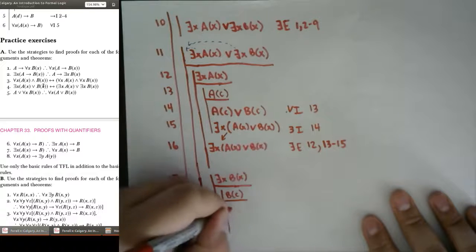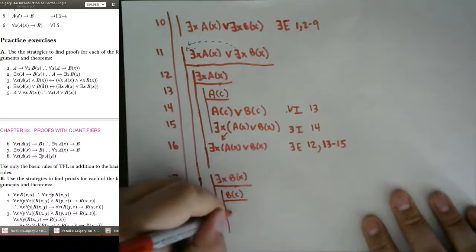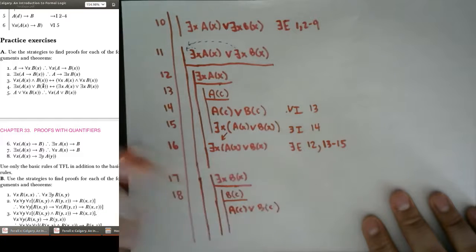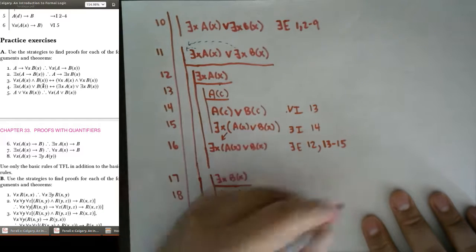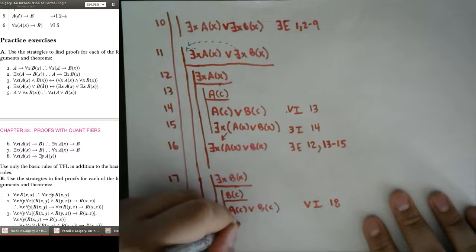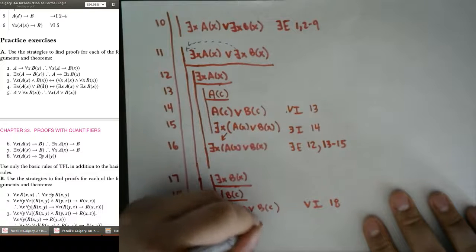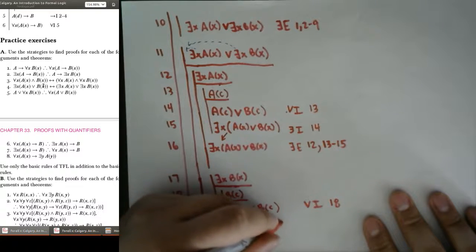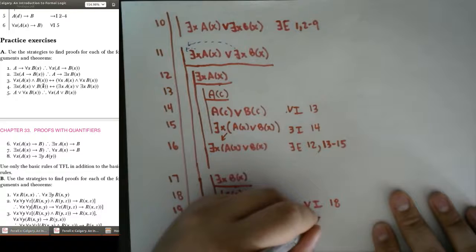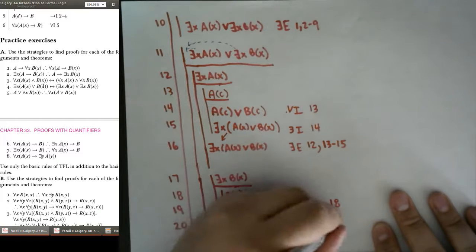And so now I can OR on the A of C that I want. So A of C or B of C. Again, that's OR introduction on line 18. It's line 19. And now I can existentially quantify just like before. So there exists x, Ax or Bx. And that's line 20. And this is existential introduction on line 19.